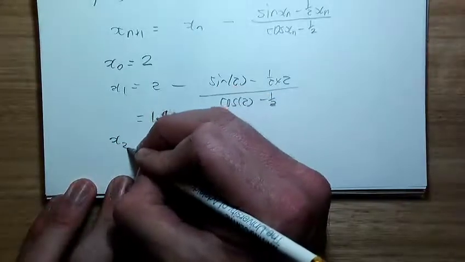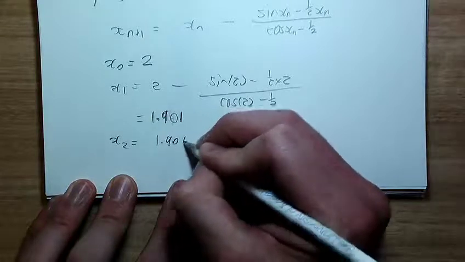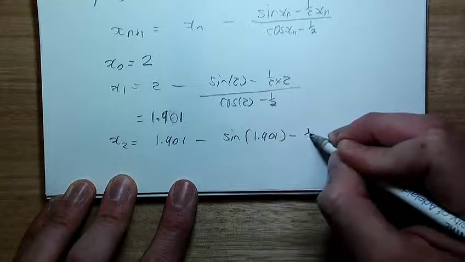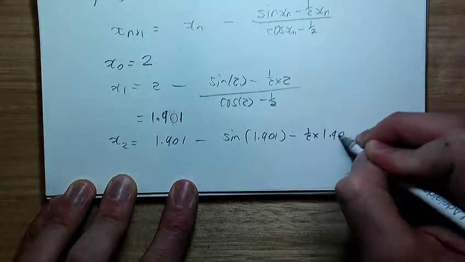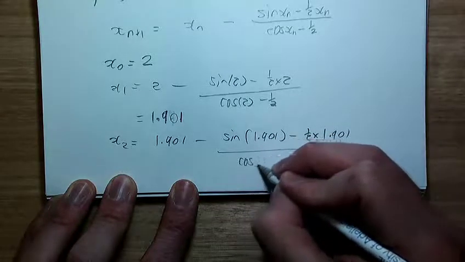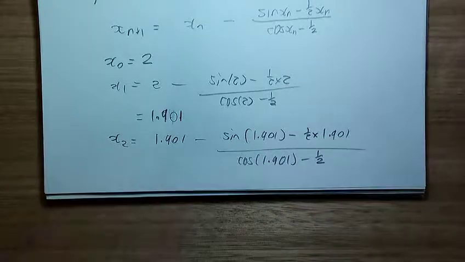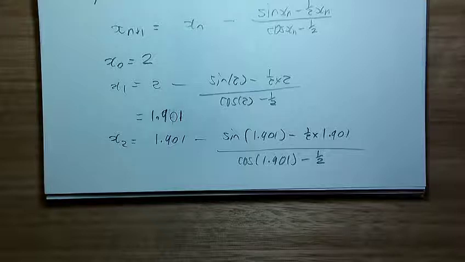So my x2. Here's where it's really helpful to have a calculator that's smart enough. Not a graphics calculator, but a scientific calculator that's smart enough for you to be able to go back and edit what you've already got in there.